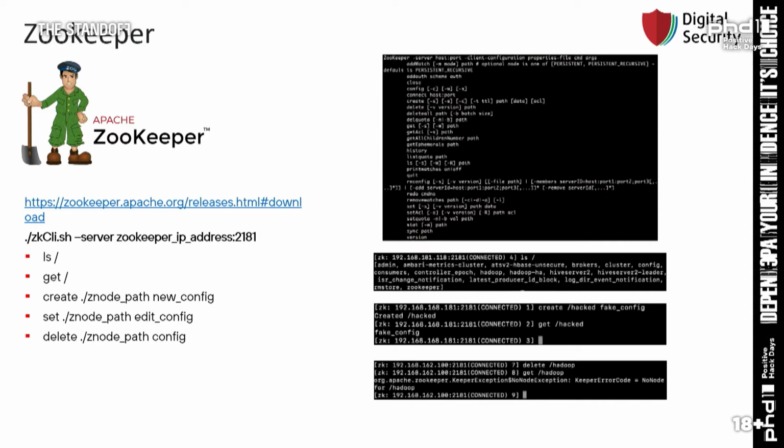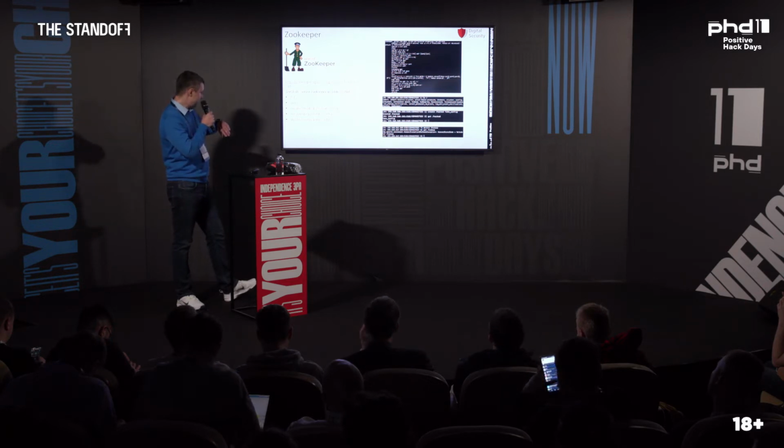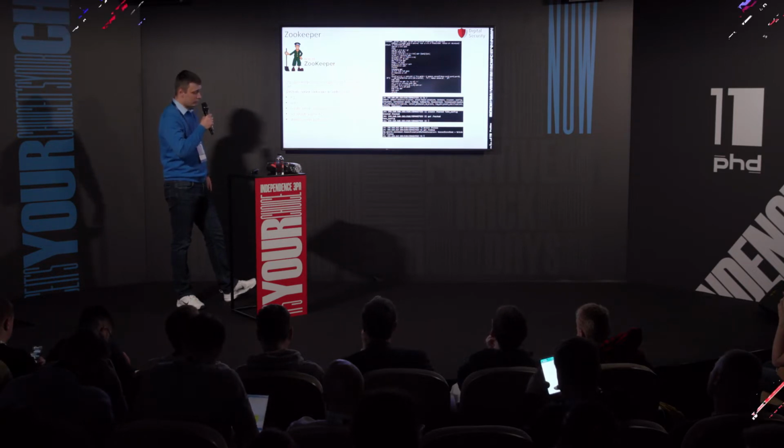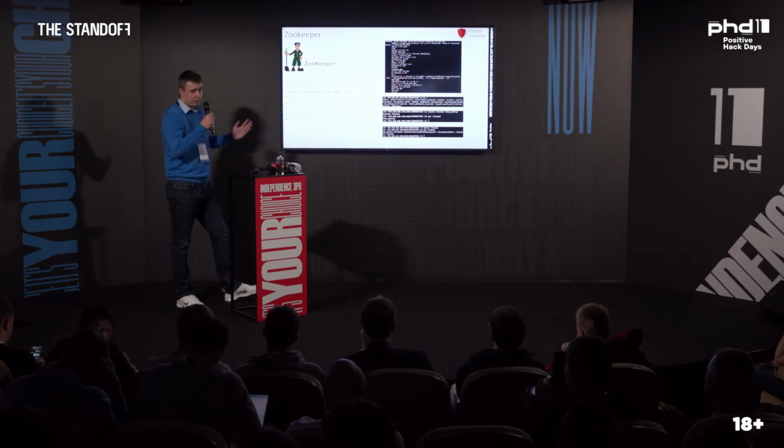You change the configuration on one node, and it changes on all of the nodes of the cluster, with ls, get, create, and delete, very simple commands. We can delete or create configuration, whatever. We can achieve the same effect as with Hue and Ambari, but with this console Zookeeper solution.